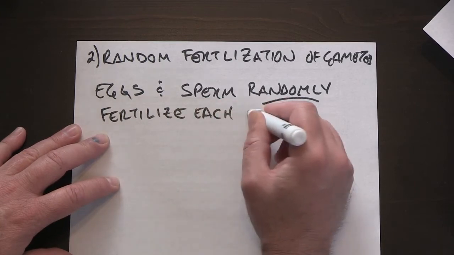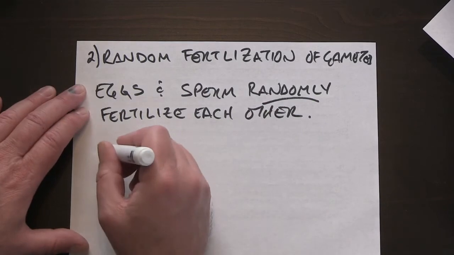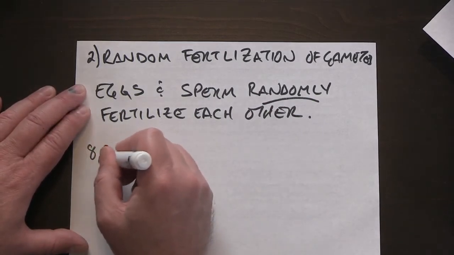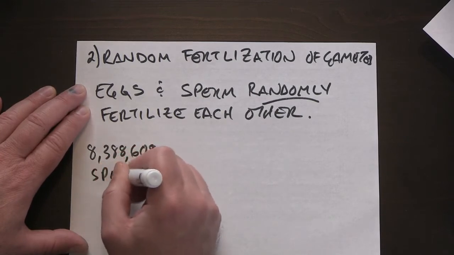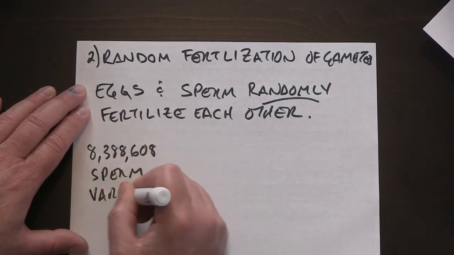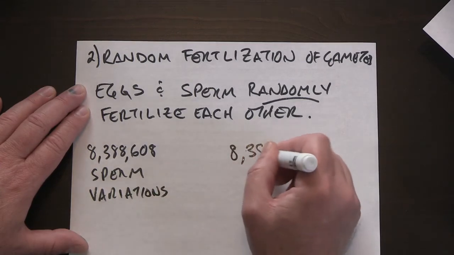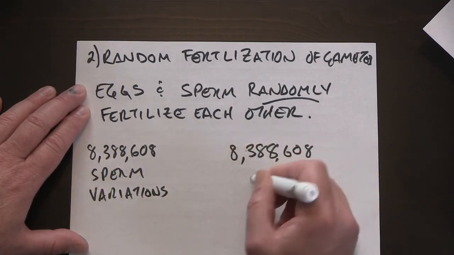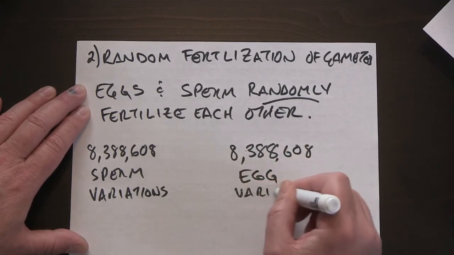So you have 8,388,608 sperm variations and 8,388,608 egg variations.